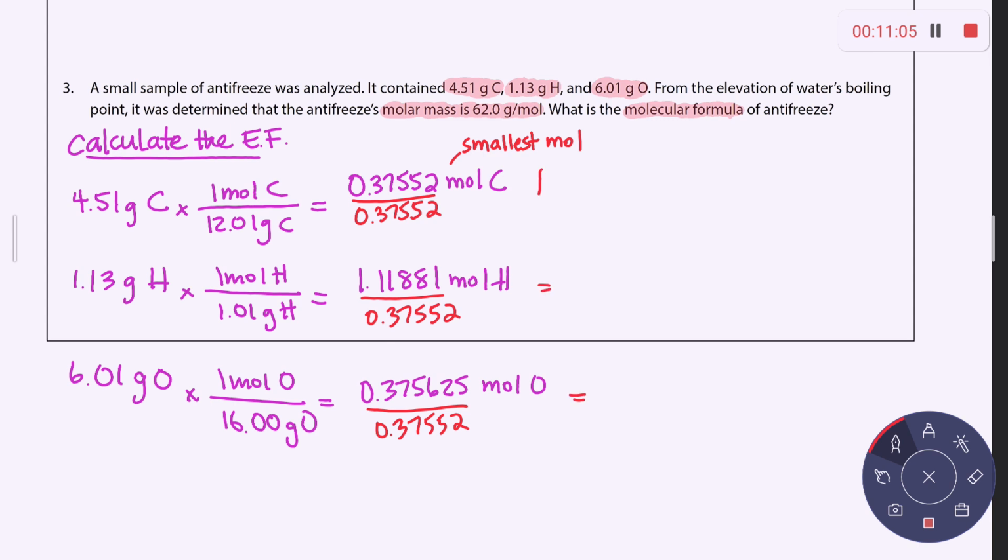So this is 1, this is 2.9, and this is 1.0, which is just 1. What will I do with the 2.9? Round it to 3. So these are the subscripts in the empirical formula. So my empirical formula is CH3O.